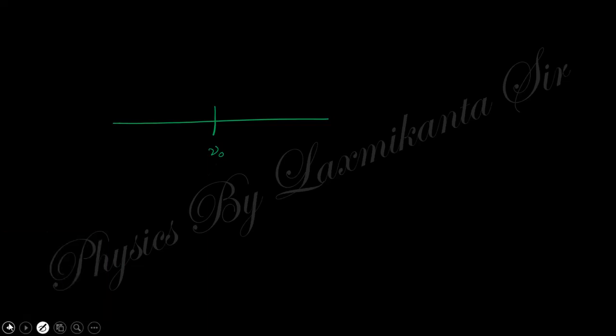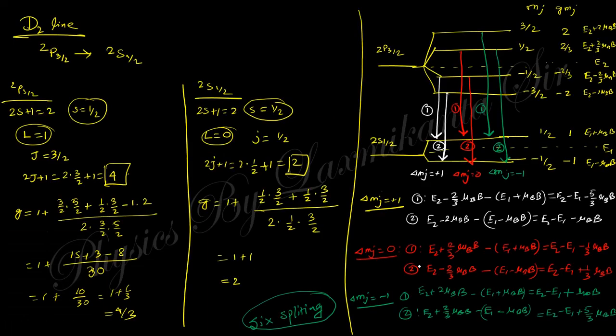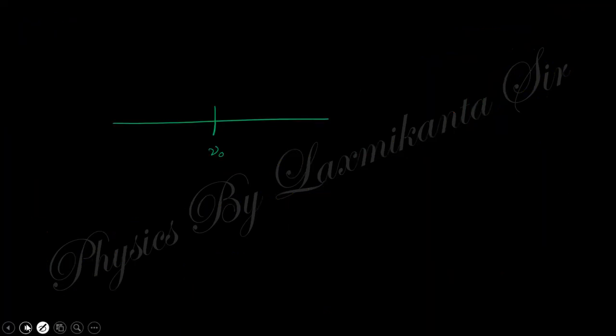For delta mj equals 0, that is the pi component, this is mu naught minus 1/3 mu B B and plus 1/3 mu B B. So for these two pi components, the frequency will be mu naught plus 1/3 mu B B by h, and mu naught minus 1/3 mu B B by h. This is a pi component, this is also a pi component, because delta mj equals 0.